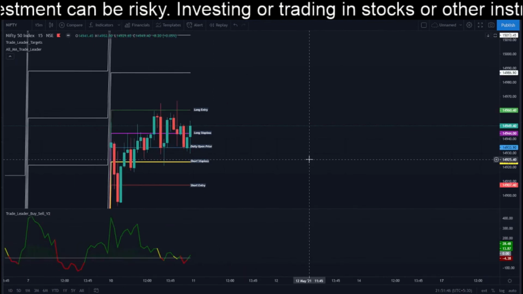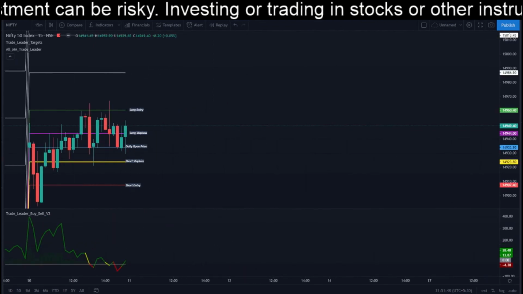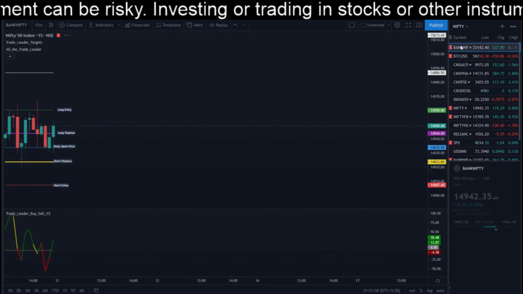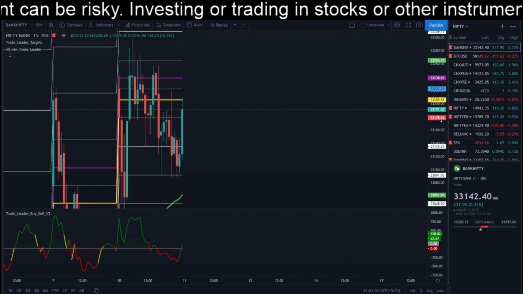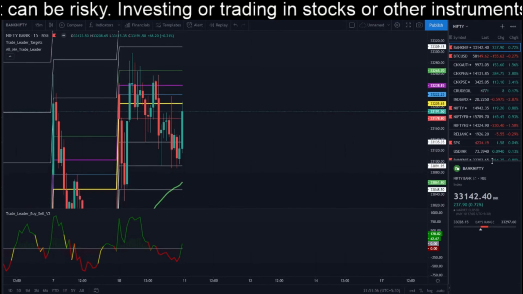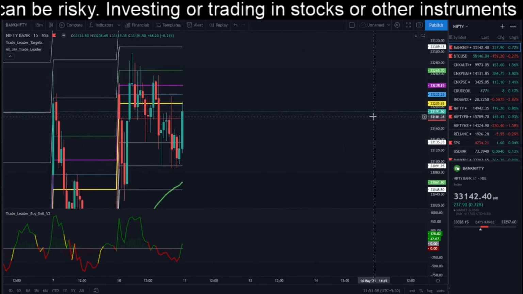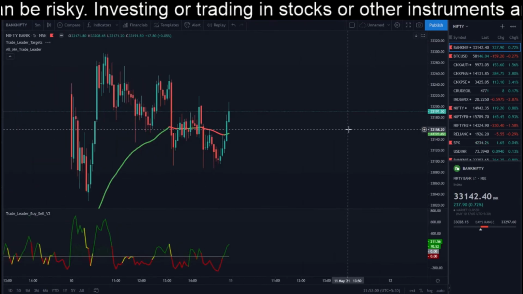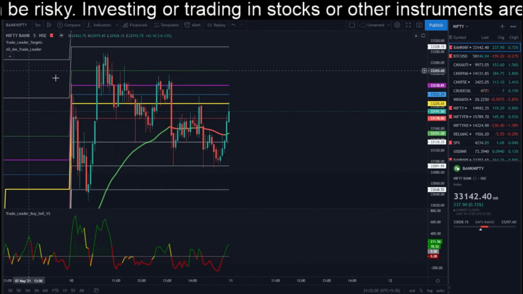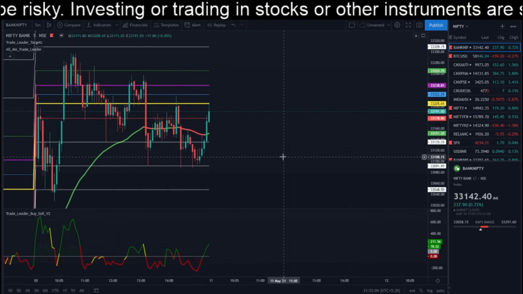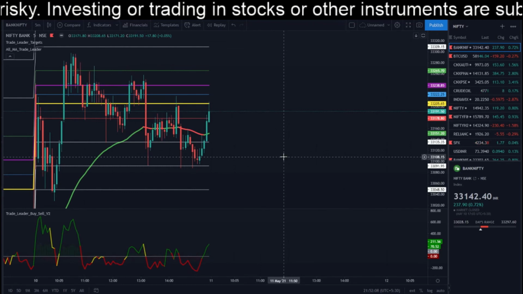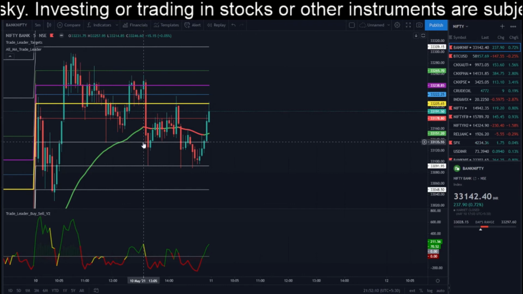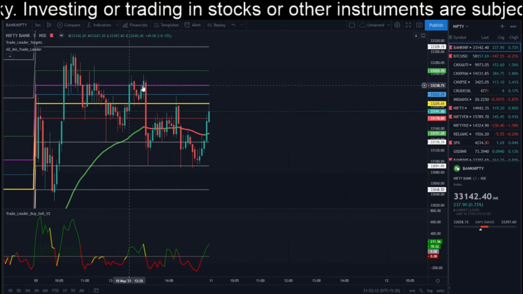So similarly, I will show you Bank Nifty. So this is what I told you. Every single line is like a target for you.